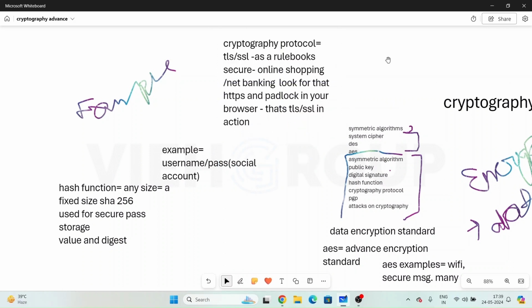Now, the next topic is PGP. What is PGP? As I say, there are a lot of full forms. PGP stands for Pretty Good Privacy.